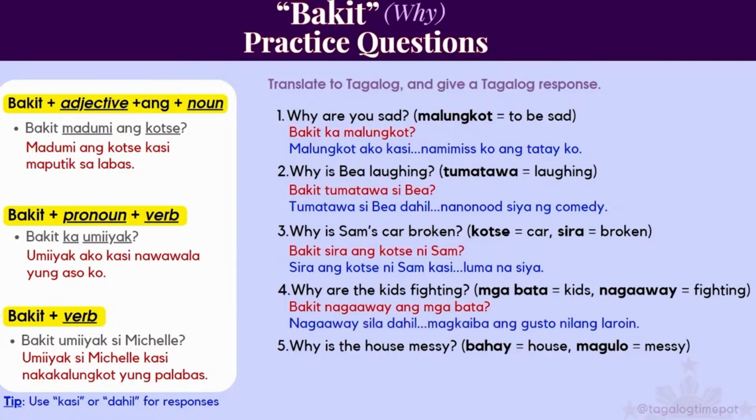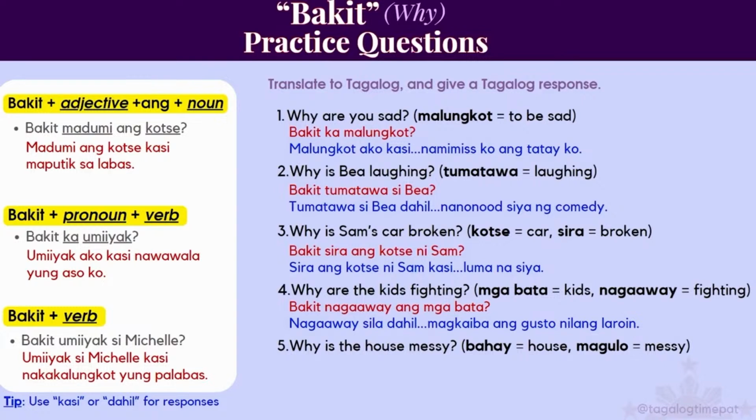The response, nag-aaway sila dahil magkaiba ang gusto nilang laruin. They want to play with different things. So a couple things I want to point out. Nag-aaway sila. So instead of repeating mga bata, I just said sila, they. And you can do that. Or you could have said, nag-aaway ang mga bata dahil, like you can repeat it again. Or you can use a pronoun like I did.